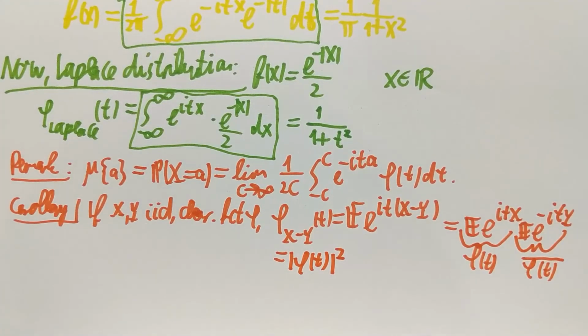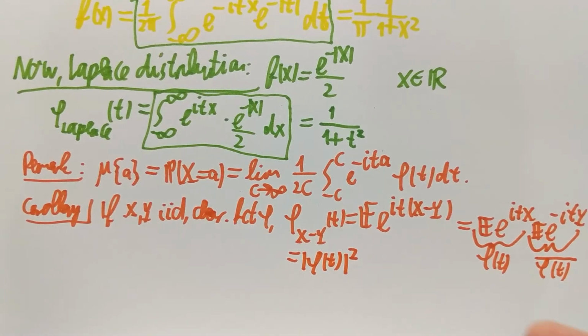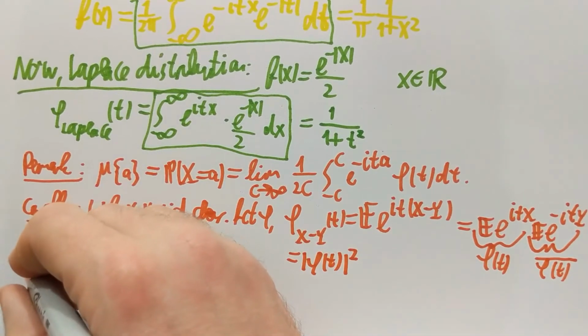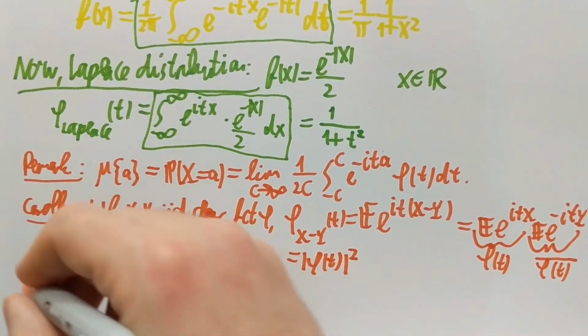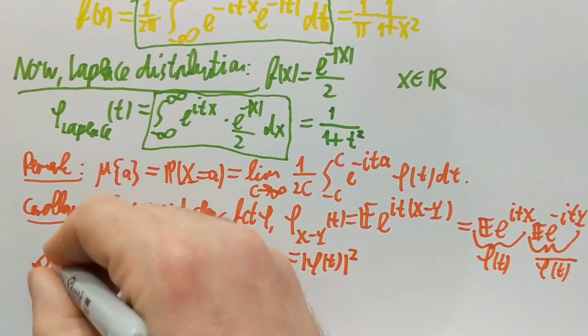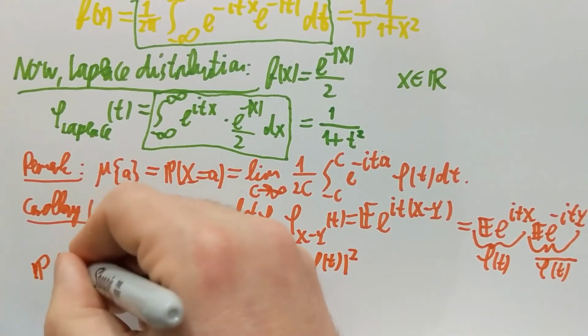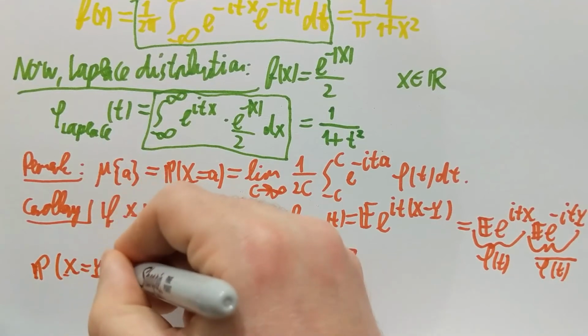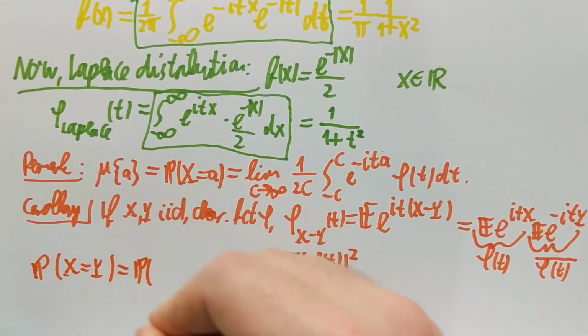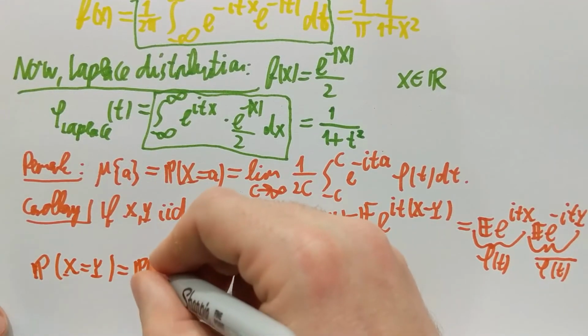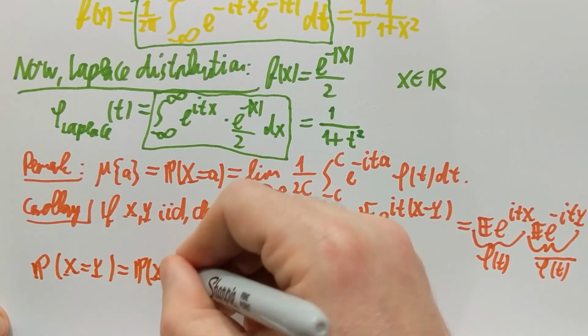Okay, so now I would like to ask about the probability that these two independent random variables are equal, which is the same as asking about the probability that x minus y is 0.